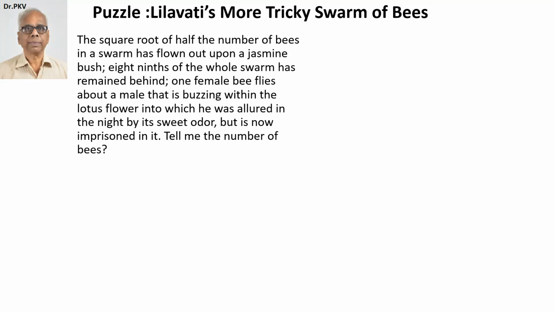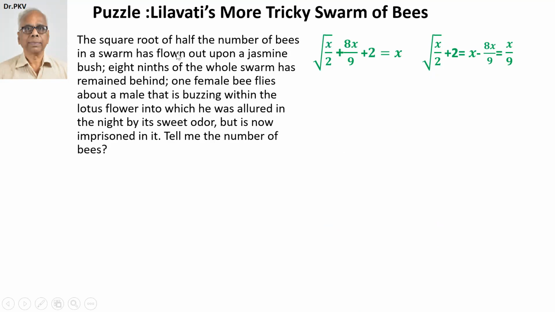Very interesting problem. The square root of half the number of bees in a swarm. So let's start with this now. How to do it with an equation approach. Let X be the number of bees in the swarm.